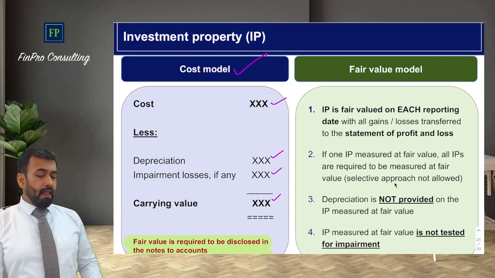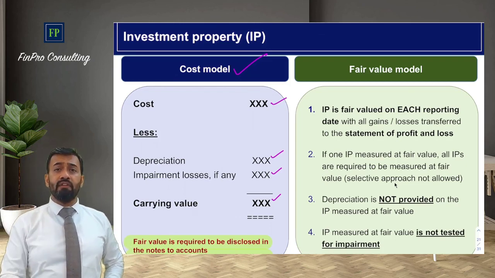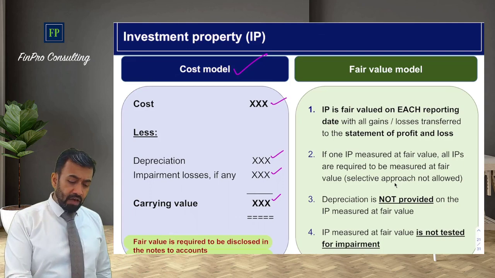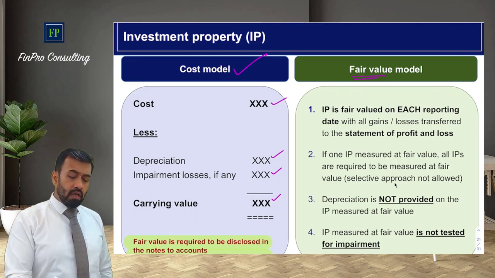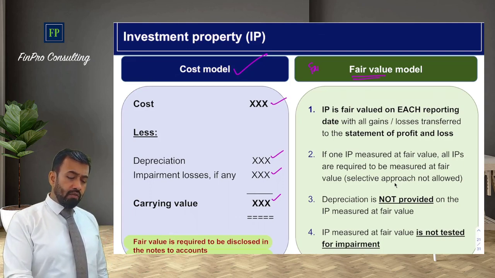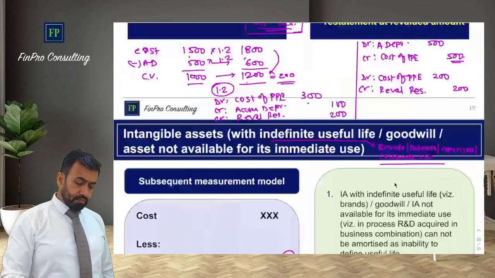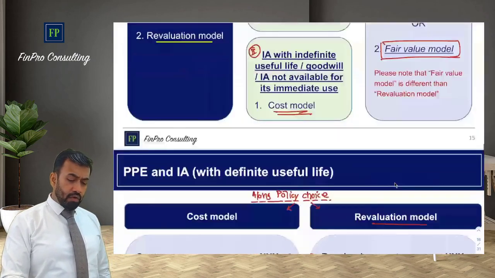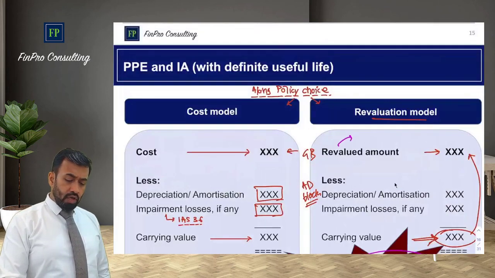Okay, fair value model. Now this is a little different. The fair value model will also require you to calculate the fair value, and the revaluation model also requires you to calculate the fair value.